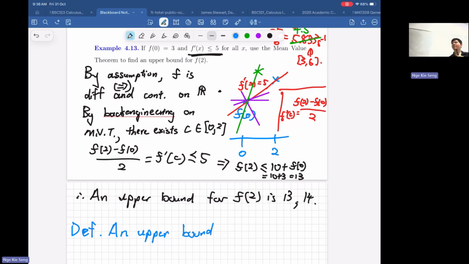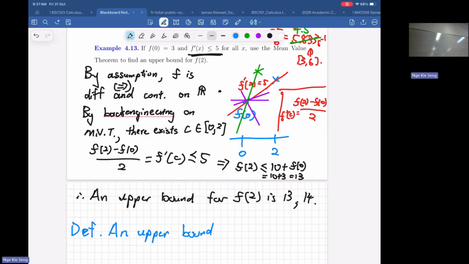For example, this inequality says that f2 is less than or equal to 13.